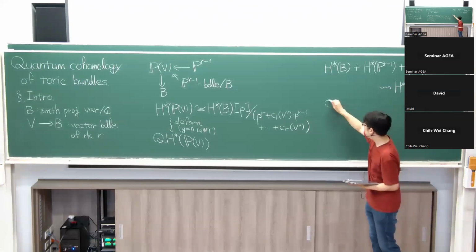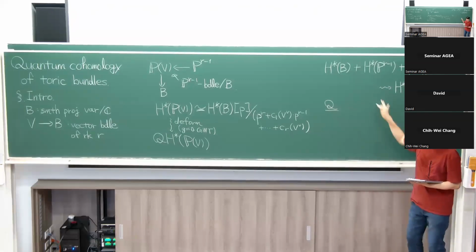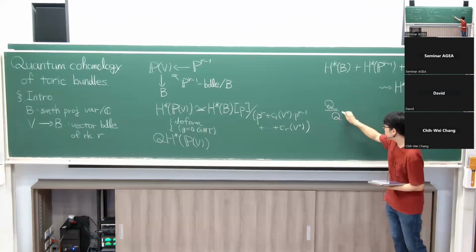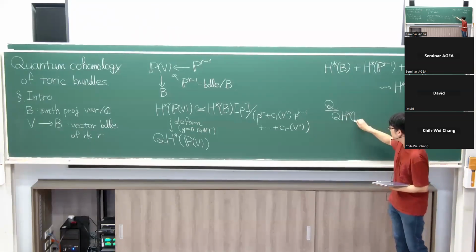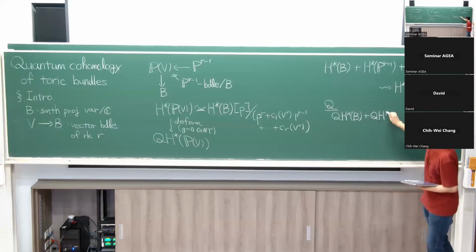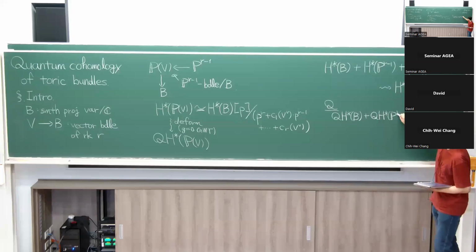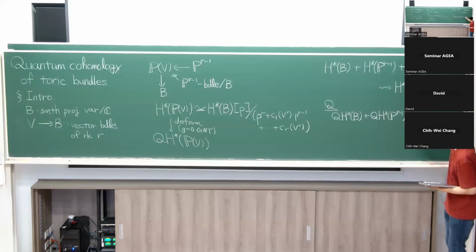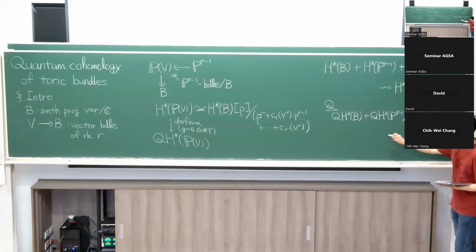There is a natural question. How about quantum cohomology? If we know the quantum cohomology of the base space and the quantum cohomology of the fiber, and gluing data, then can we compute the quantum cohomology of the total space?